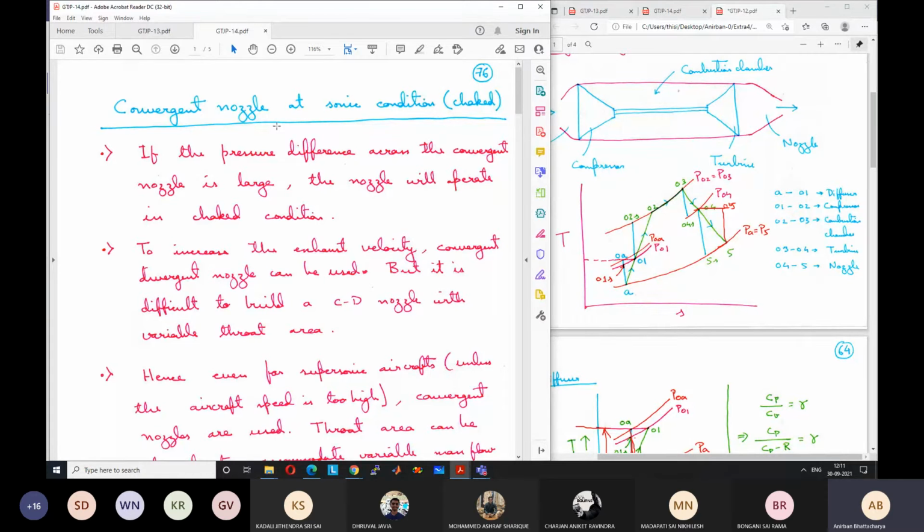For a subsonic nozzle, the cross-sectional area decreases. As a result, for the same mass of fluid, the flow is accelerated and the velocity increases in the nozzle. That is the basic principle of a nozzle, one of the most simplistic devices.